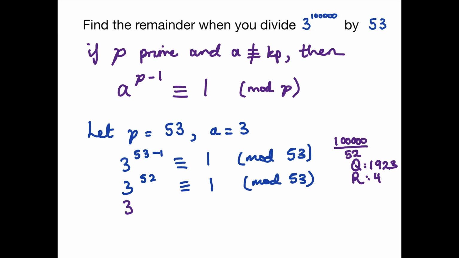So we'd get 3 to the 52 to the power of 1,923 would be congruent to 1 to the power 1,923, which is just the same as 1. And of course, mod 53.